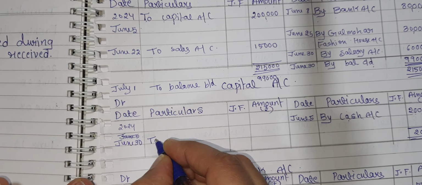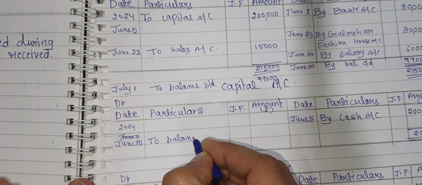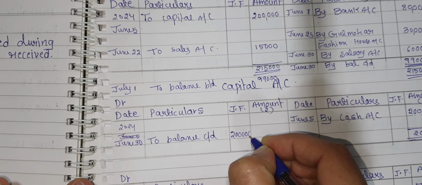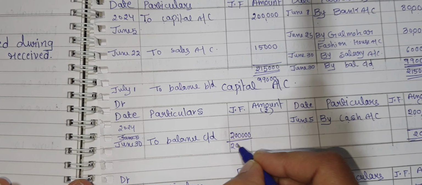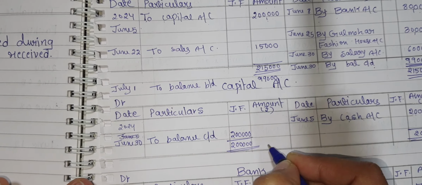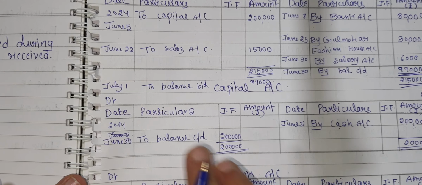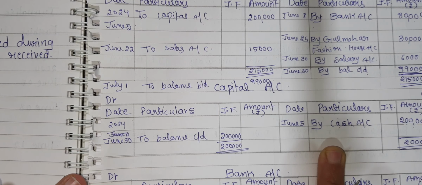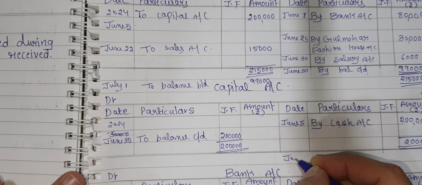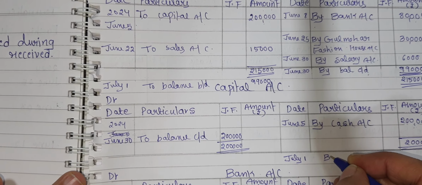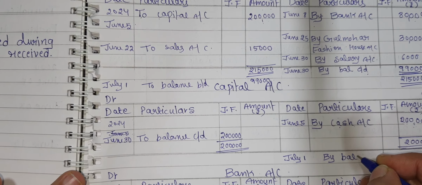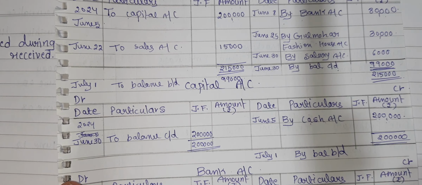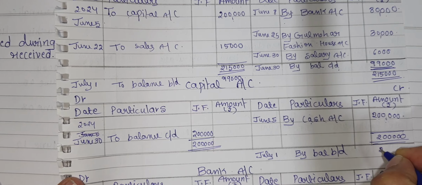So to balance carried on, that is rupees 2 lakh. Okay, so total 2 lakh. And immediately record on the opposite side of the ledger, that is on July 1st, by balance brought down. It means the opening balance of July 1st, that is rupees 2 lakh.